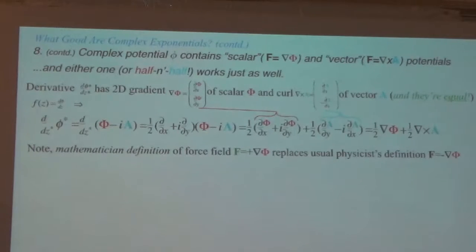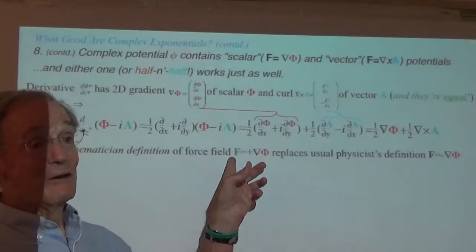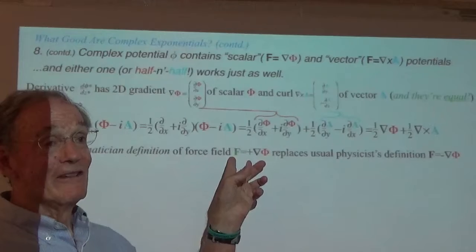Okay. Now, you should notice something right away. This has been mentioned in this class early on when we first talked about force. This is the mathematician's definition of force. No minus sign.